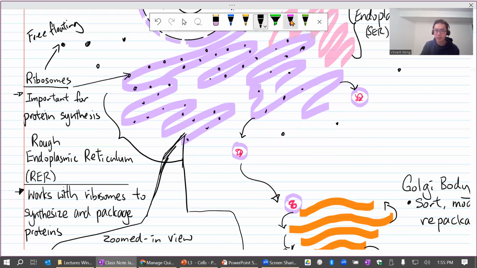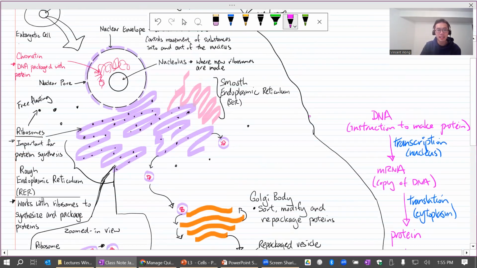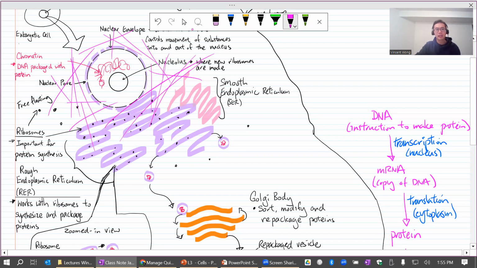Well, it turns out, and again, you don't have to draw this in your picture, it's going to ruin it, but inside the cell, you have all these fibers in the cytoplasm, and they are going to hold things in place. Think of it as like a giant web, like a spider web maybe, and then you can stick things here and there.